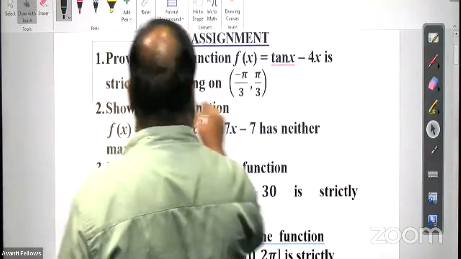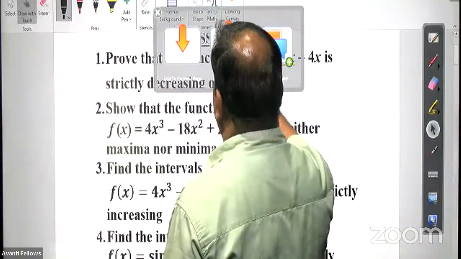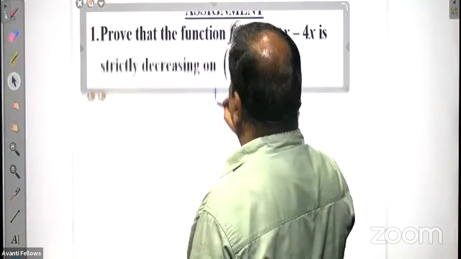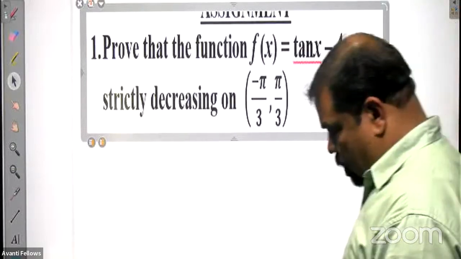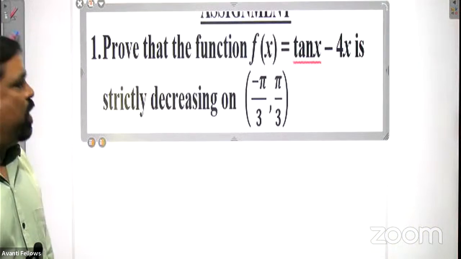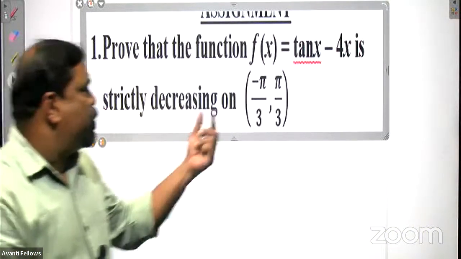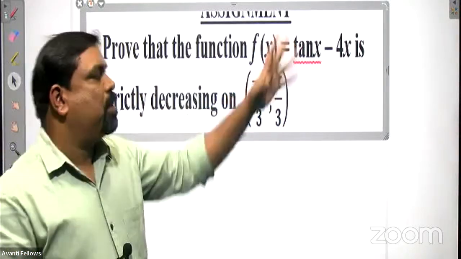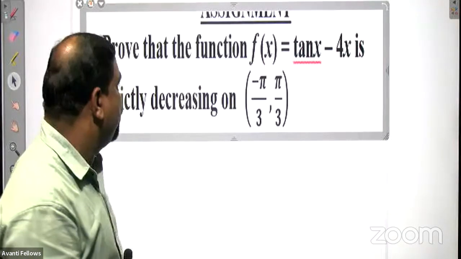Let us do this question. The function is tan x minus 4x. We have to prove that in the interval minus pi by 3 to plus pi by 3, this function is strictly decreasing.